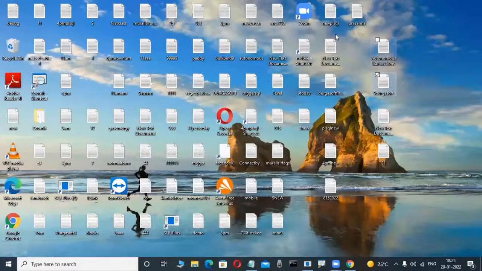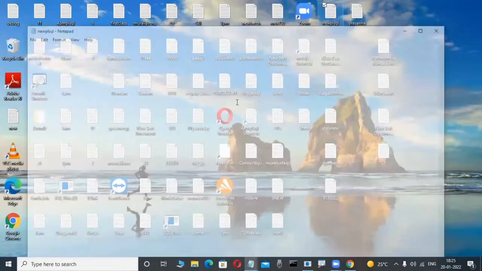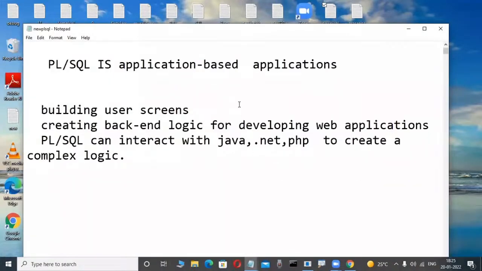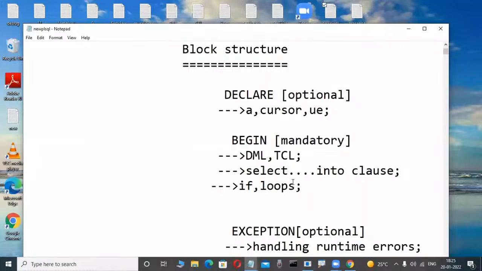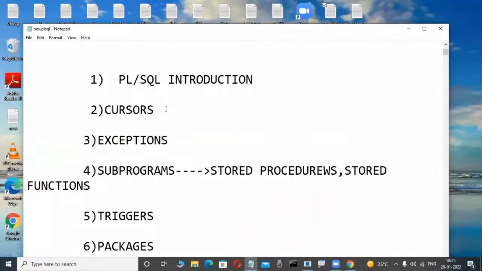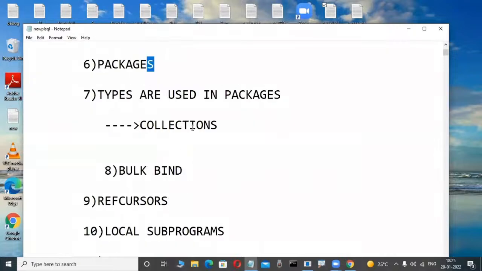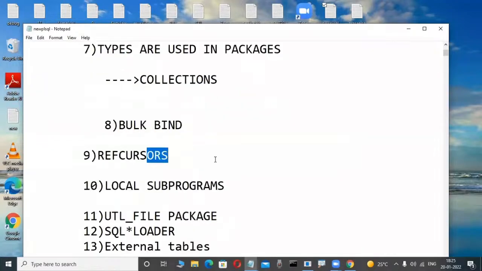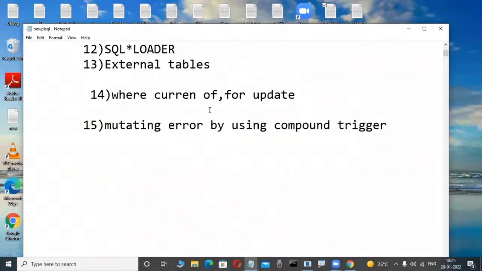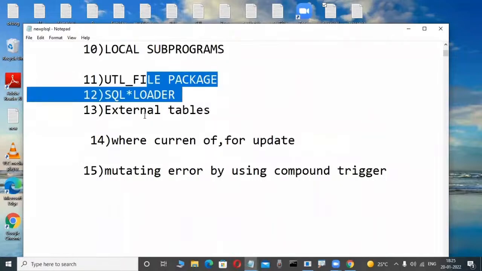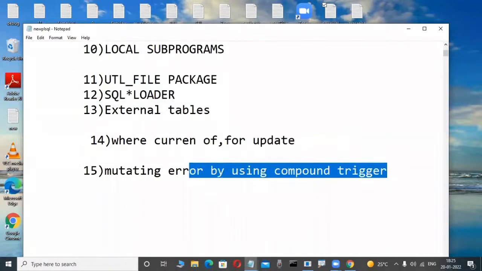Again, PLSQL means a little bit of coding, so don't be afraid. This is PLSQL, and here you write some little bit of coding. In PLSQL there are cursors, exceptions, stored procedures, stored functions, triggers, packages, types, collections, bulk bind, ref cursors, local subprograms, UTL file packages, SQL loader, external tables, so many things like this.